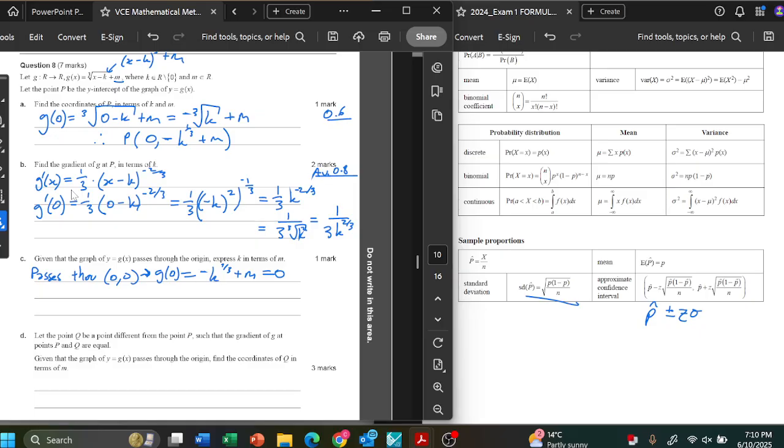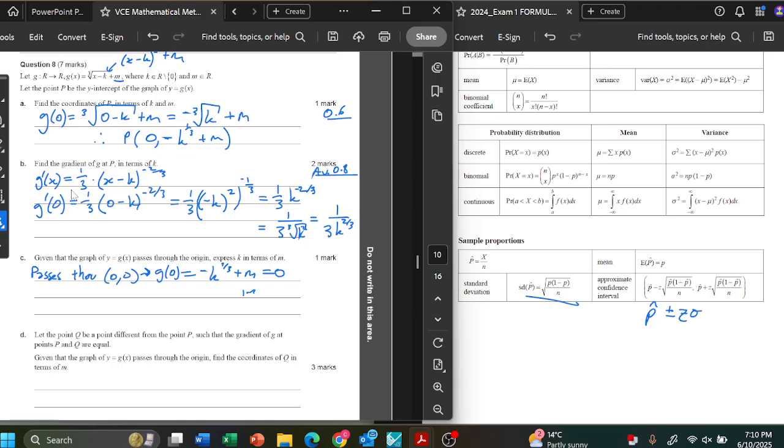So if that is equal to 0, then we can add k to the power of a third to both sides. We can find that m is equal to the cube root of k, which is the same as k to the power of a third. If I cube both sides here, we can find that k is equal to m to the power of 3. And that's the answer. That's all we have to do here, right? We've expressed k in terms of m.